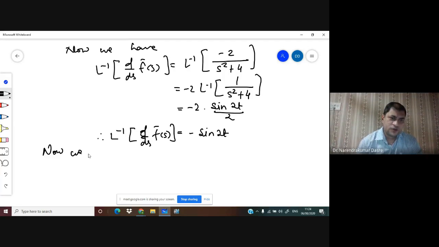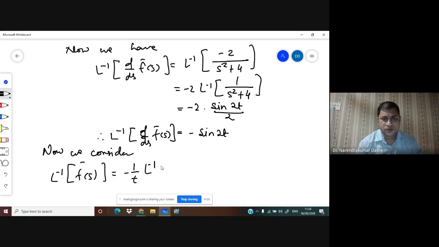Okay, now we consider the formula, use of derivative. So Laplace inverse of f bar of s is equal to minus 1 by t into Laplace inverse of d by ds f bar of s.